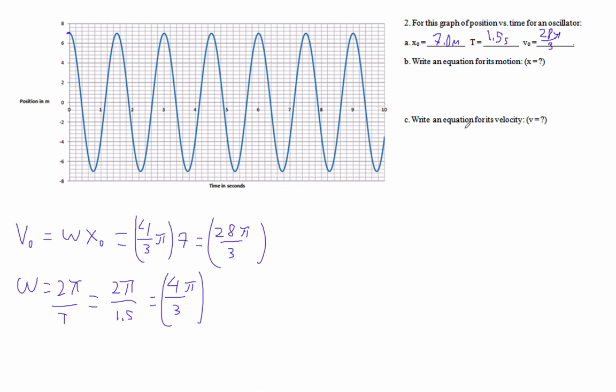So if this guy's cosine, x is x naught, and x naught is 7, right? And then this is cosine, and that's meters, right? Cosine of omega t, and omega is 4/3 pi, right? Times t.